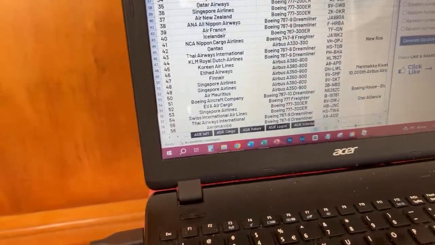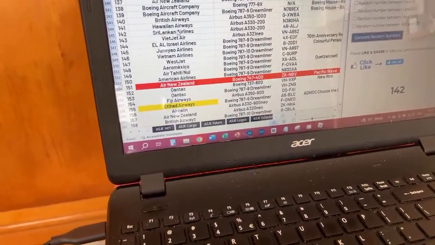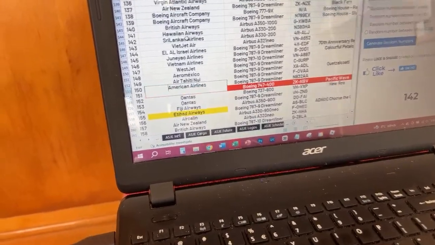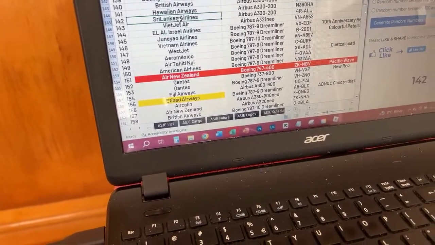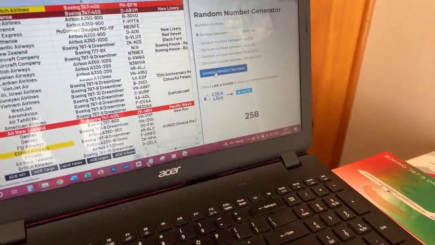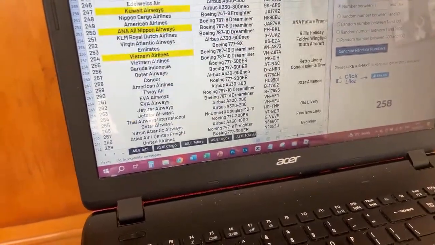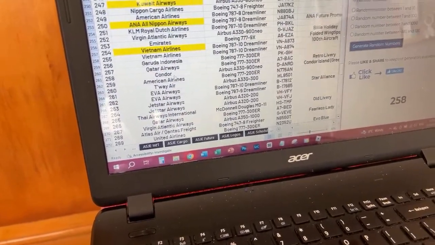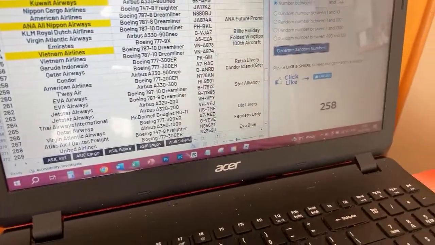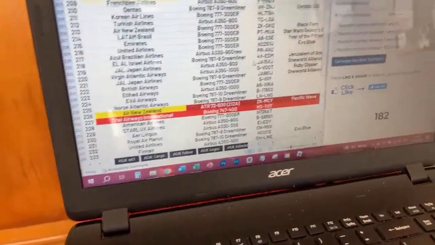142. The next aircraft to be showcased is Sri Lankan Airlines A330-200. Not a narrow body, so we'll go right along. 258. Condor A330 Neo, so we'll go right along. 182.